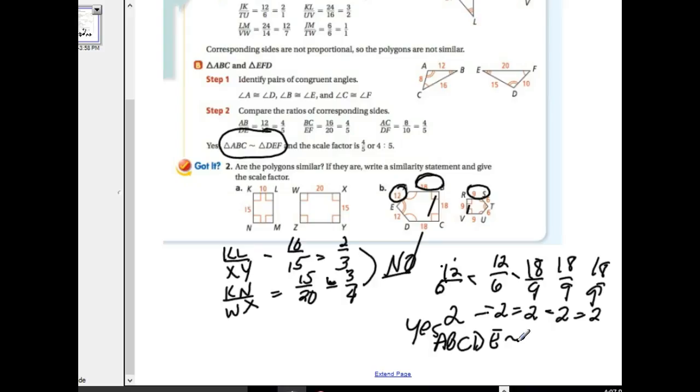Since I started with A, which has a single tick mark, and then B went to a right angle, on this one it's going to have to start with S, R, and then V, and then U, and then T, to make those correspond with each other. And again, this is very important. The way in which you write them becomes very important. Hope this helped.